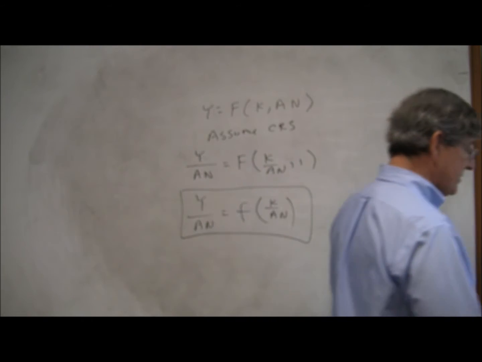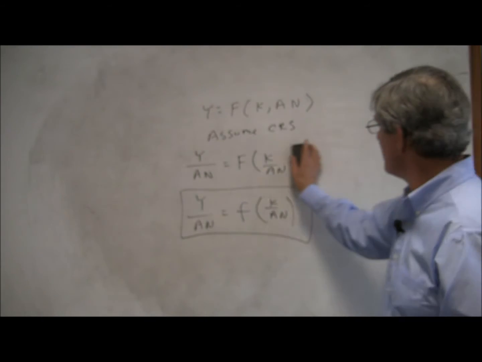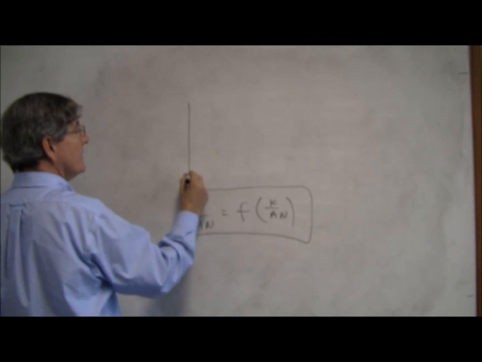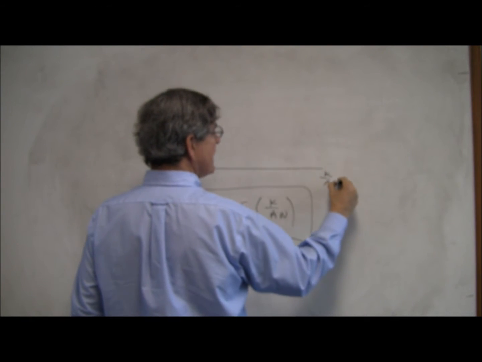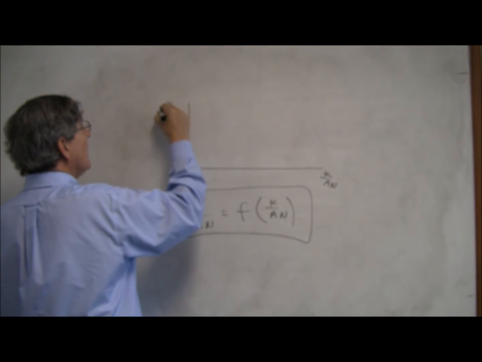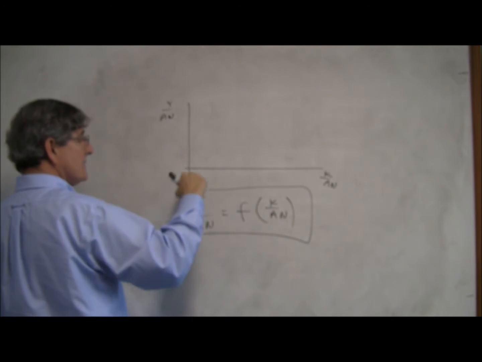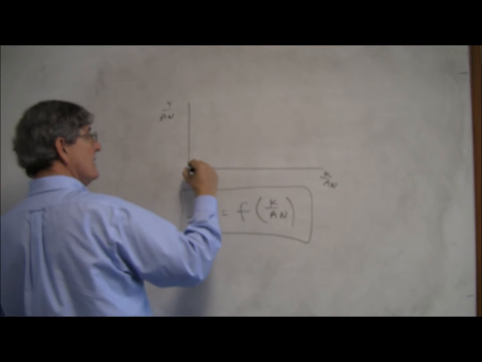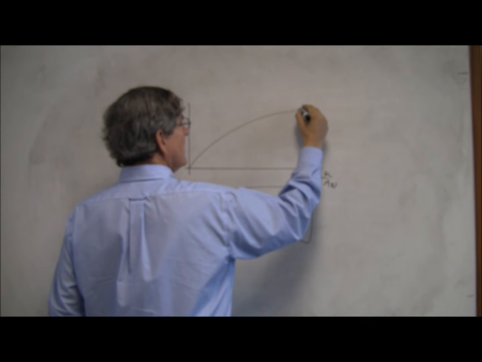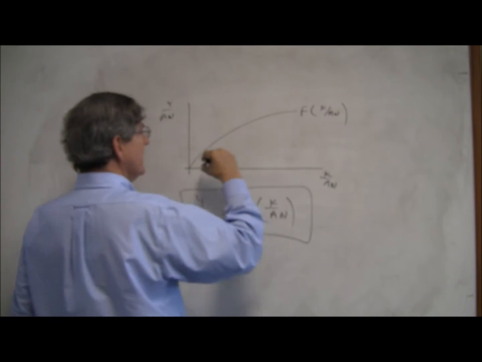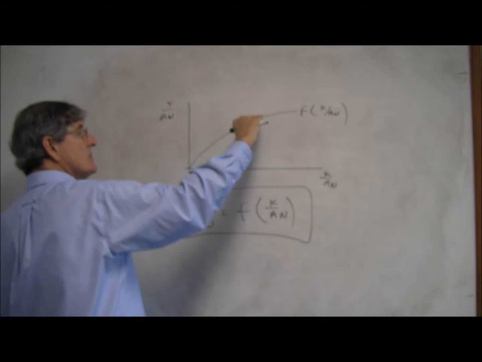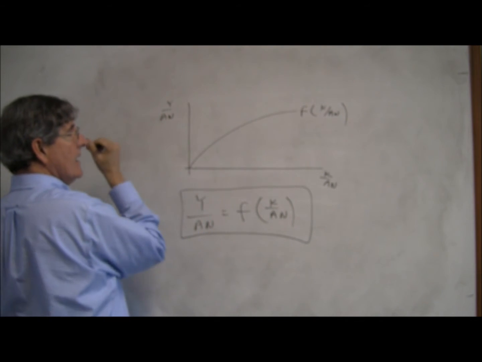If we were to draw a picture of that production function, it would look just like it looked before, except the axes are slightly different. So if we put K over AN on this axis, Y over AN on this axis, and draw this f of K over AN, it shows diminishing returns just like before, and so on.